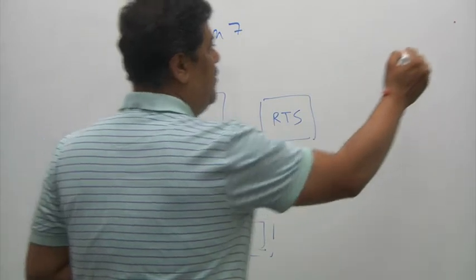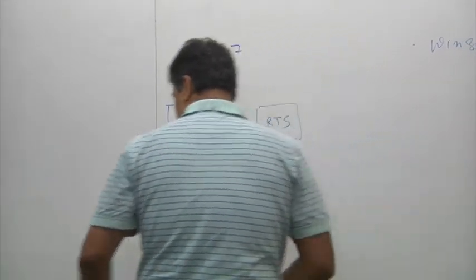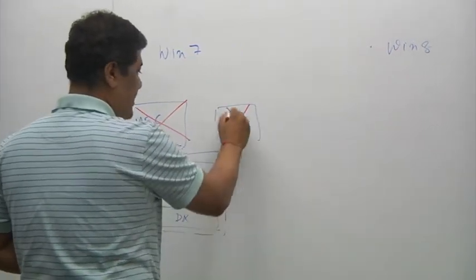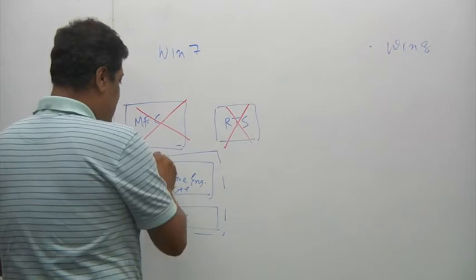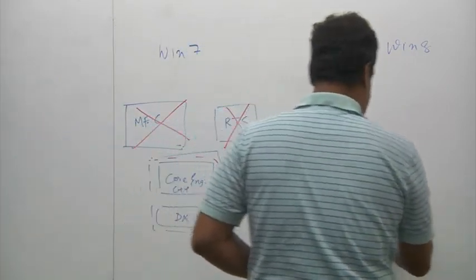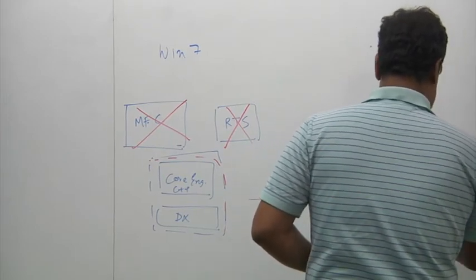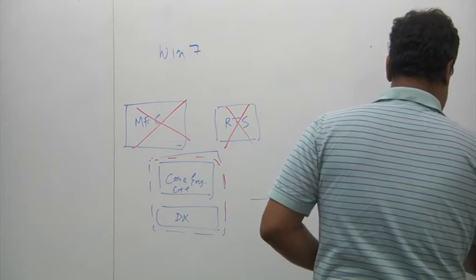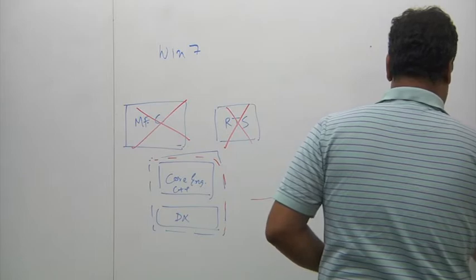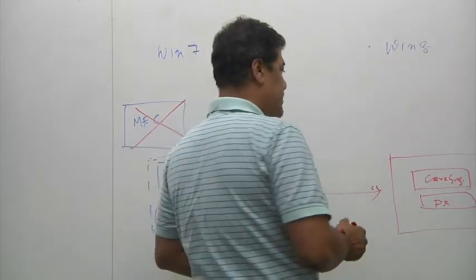What we did when we moved to the Win 8 world is we actually discarded this completely. We took the core engine code from here. So this got migrated, the core engine and the DX. Of course, DX has gone through some changes because of the new D3D 11.1 that comes out with Windows 8.